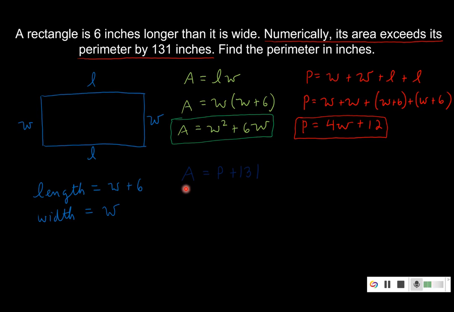Well, if the area exceeds the perimeter by 131 inches, that means that the area is equal to the perimeter plus 131 inches. We can now use this equation to help us solve our problem.